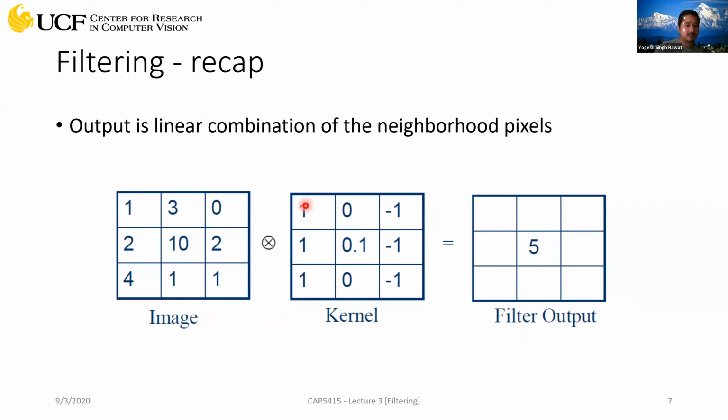So it's element-wise multiplication of these two arrays, and you just add up those values and assign the result to the central location. This product is also called the Hadamard product. If you have two equal-sized arrays, you just multiply the values which are at the same location in those two arrays.